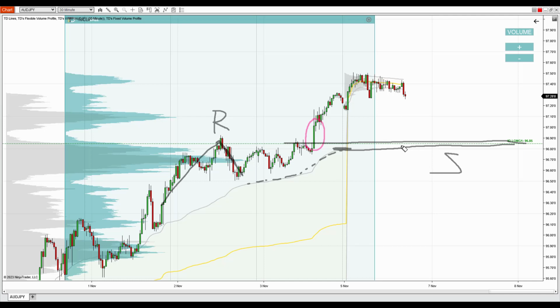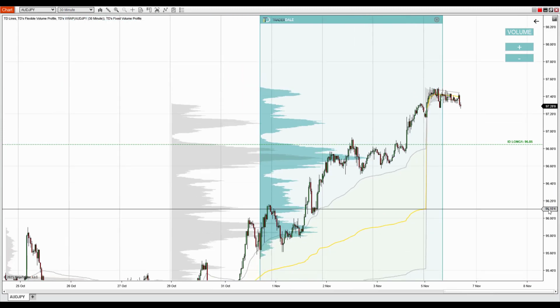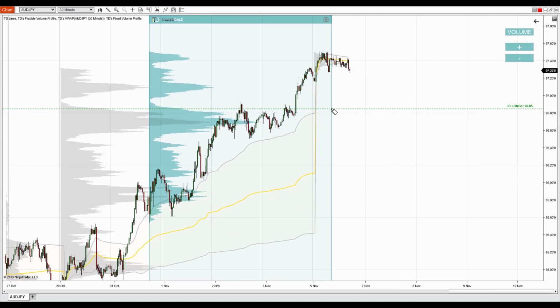All that is pointing us to this level. All those signs are telling me that there should be a reaction. So what we need to do now is just wait for the pullback, and if the price reaches here, then take it from there. Alright, so that's about that.